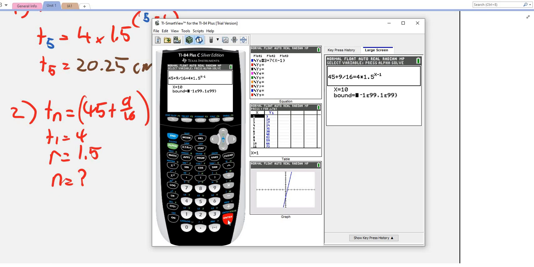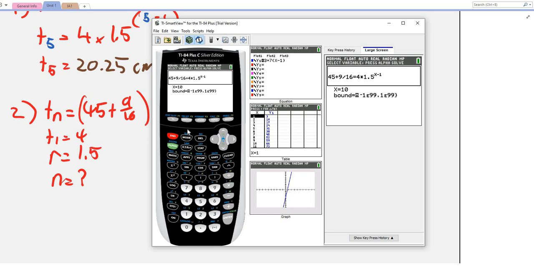Guys, for some reason, I've seen a couple of different answers. I've seen mine said x equals 10. Yeah. I've seen some people's have said x equals 7, 6.96. I'm not sure why we're getting different ones, but remember there is a way to check. So I want to put this into my equation.